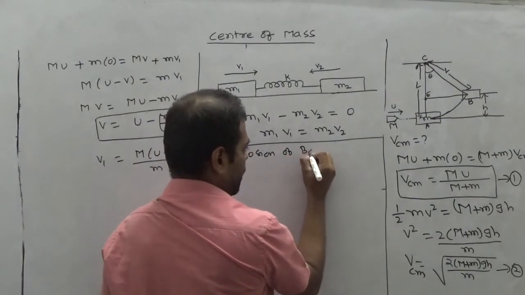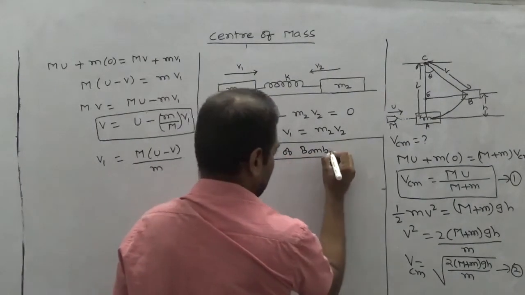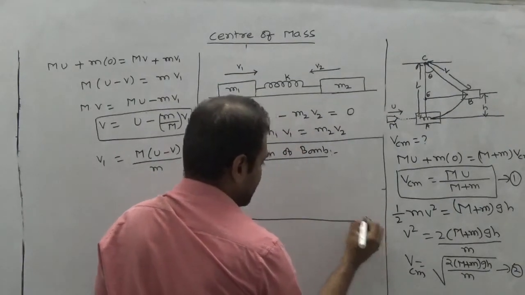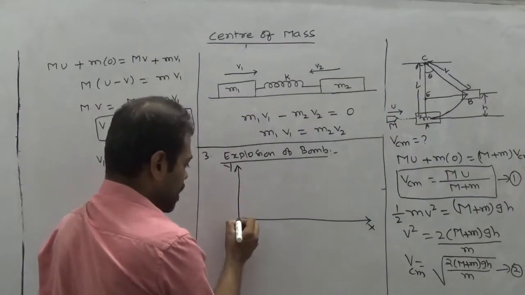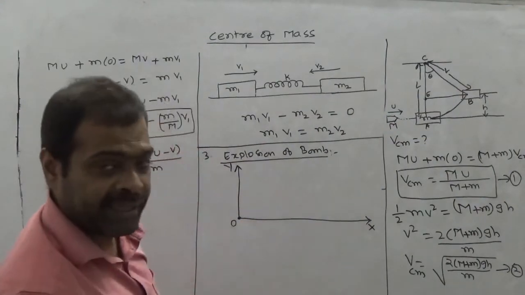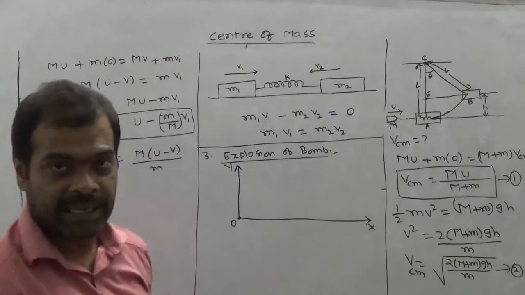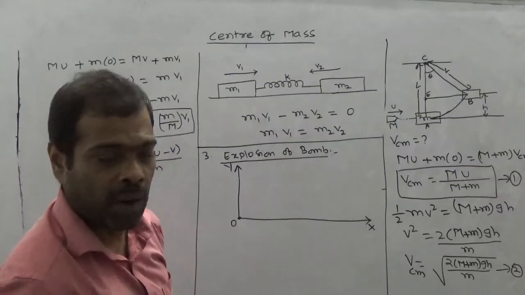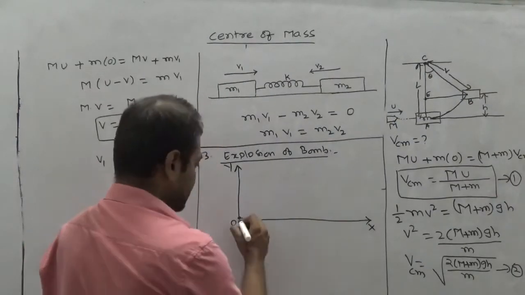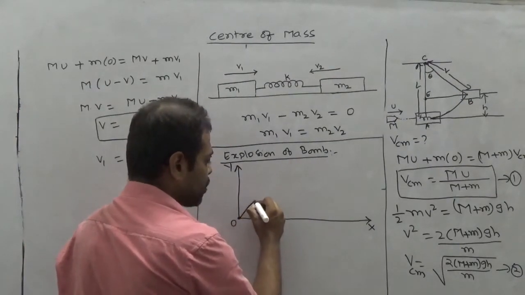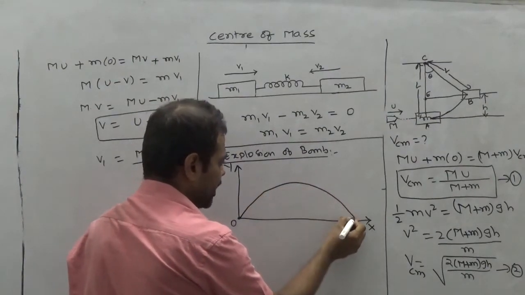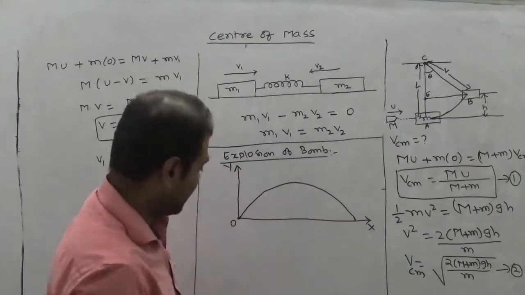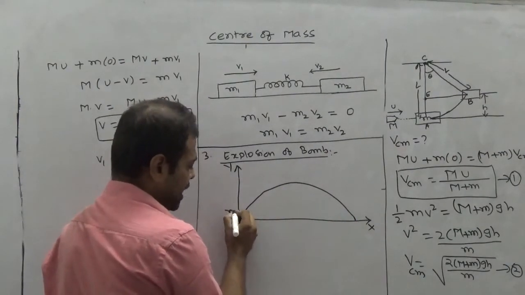Explosion of a bomb. Let us consider an inertial frame of reference with x and y axes. This is the origin. Initially the particle is placed at the origin. Whenever the bomb is projected such that it moves in a projectile motion, let us consider a bomb of mass m.